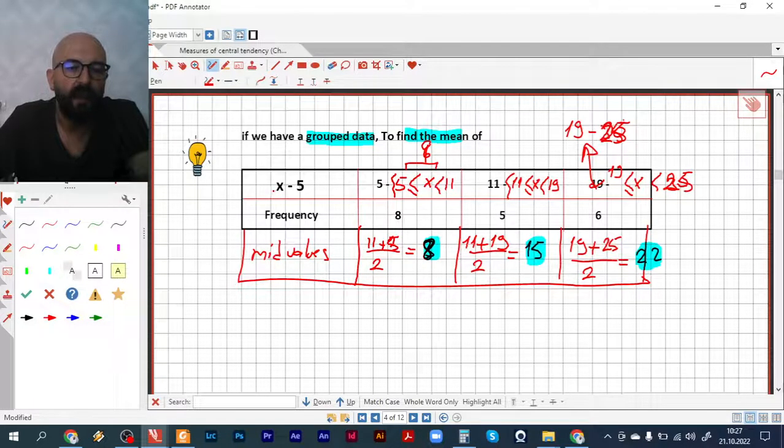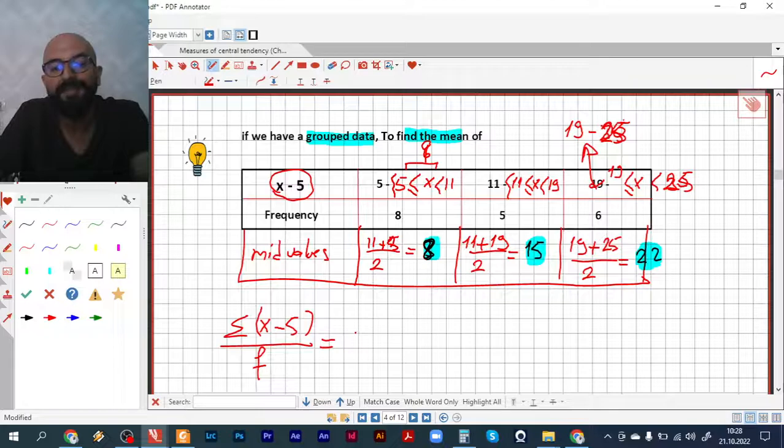So our data is with regard to x minus 5, and if we use the sum of all x minus 5 over frequency, we find 5 less than the mean.